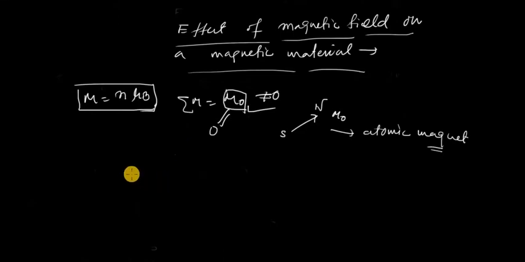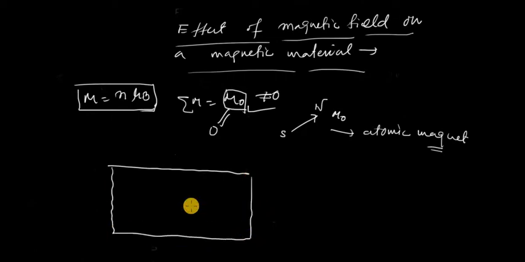Now suppose this is a sample, and this sample has several atoms. The atoms, now considered as atomic magnets, are randomly distributed over this sample, like this.